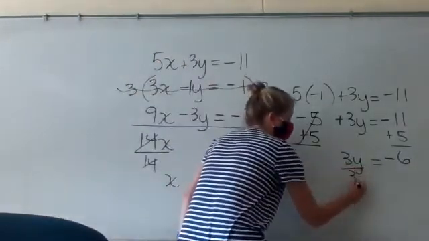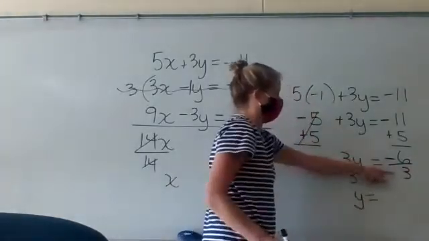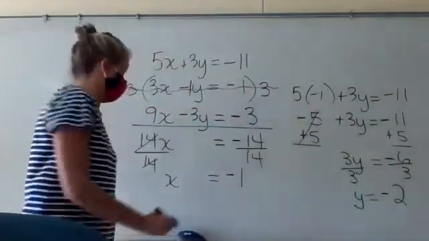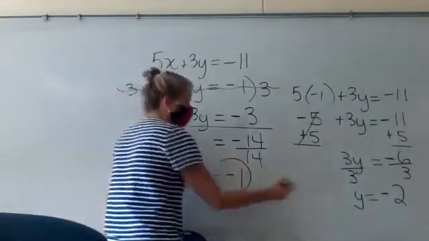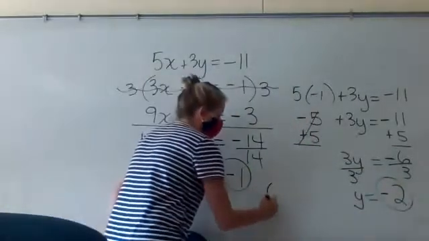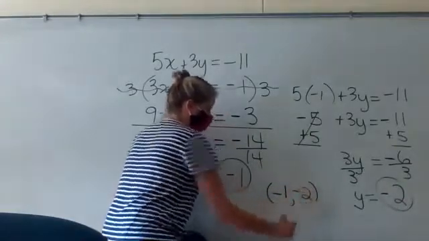So I'll divide both sides by 3. Now I know y equals -6 over 3, which is -2. So now I know x is -1, y is -2. When you enter your answer as an ordered pair, you'll have -1, -2.